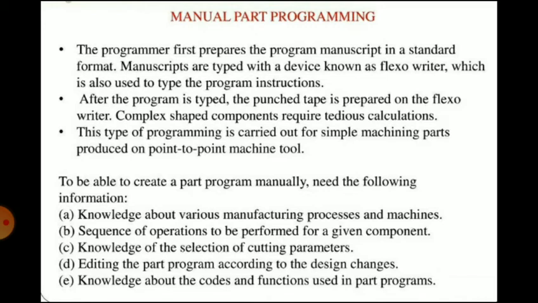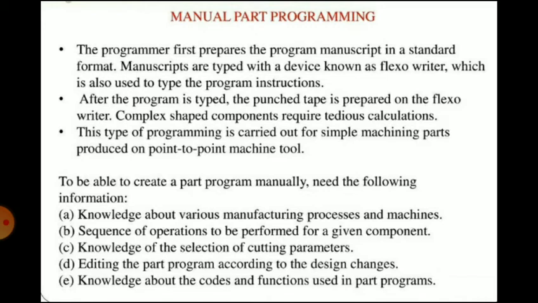Complex shape components require tedious calculations, so this type of programming is carried out for simple machining parts produced on a point-to-point machine tool. To be able to create a part program manually, it needs the following information. First is knowledge about various manufacturing processes and machines.